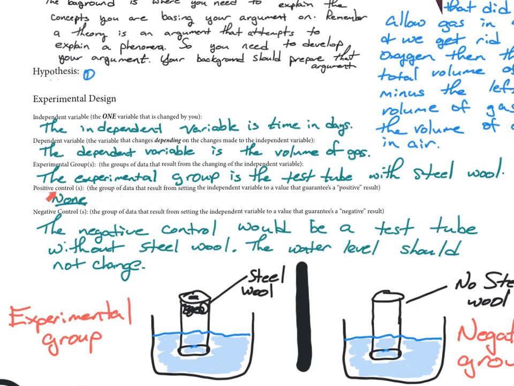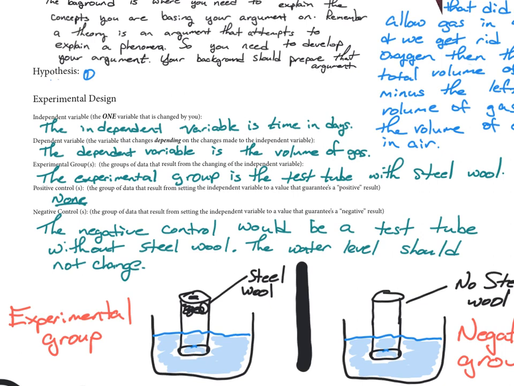These two groups, these two control groups, controls are groups that you want to compare your experimental group to. So you need something that's going to allow you to say, okay, this is what a positive looks like, and my experimental group, my unknown, looks like the positive, so I'm going to call this positive. Now your negative control is the one where you know nothing's going to change.